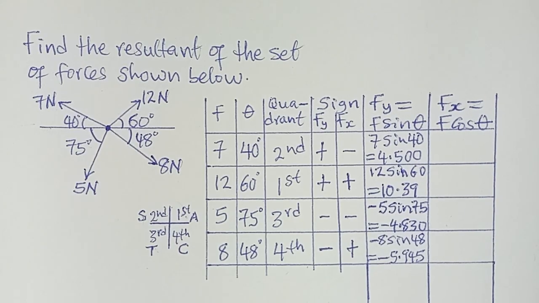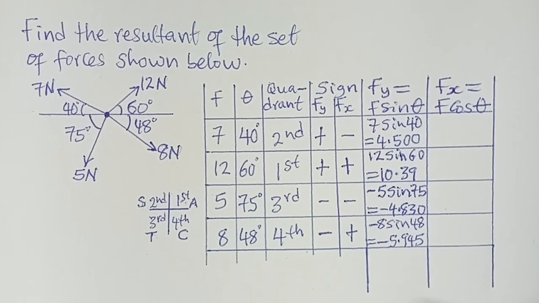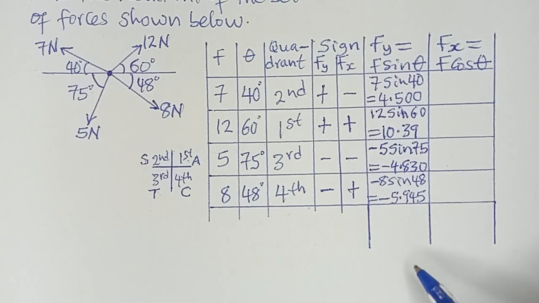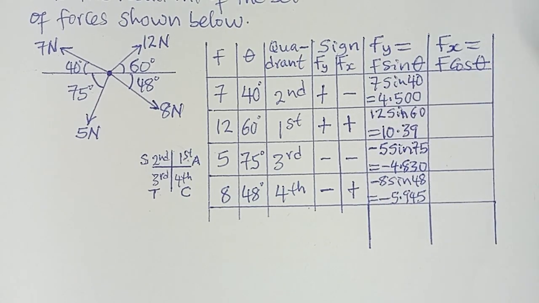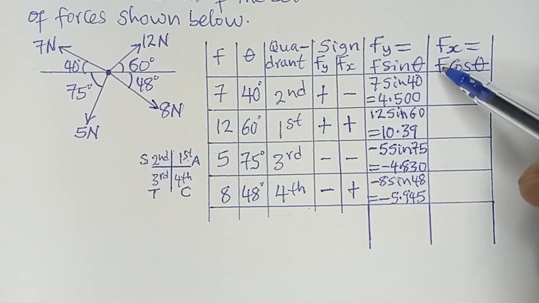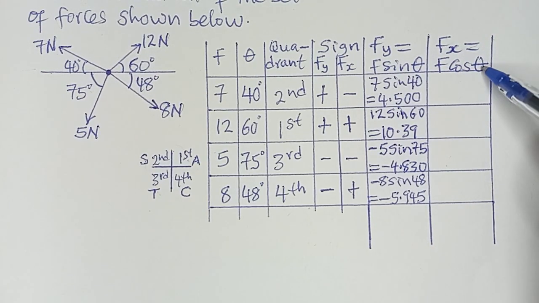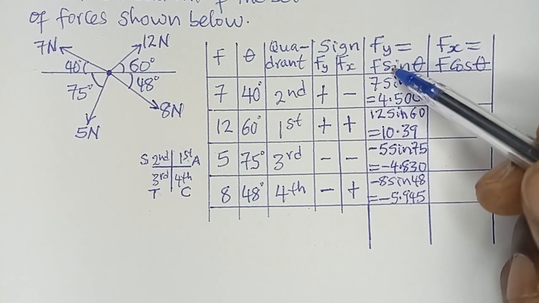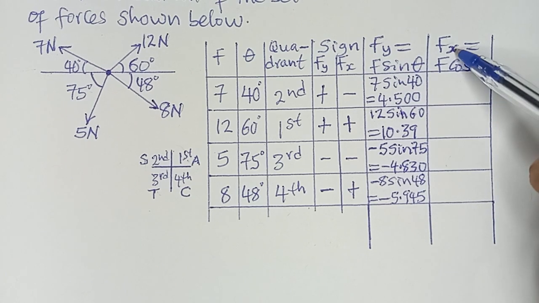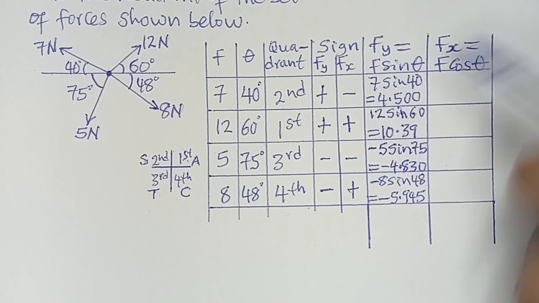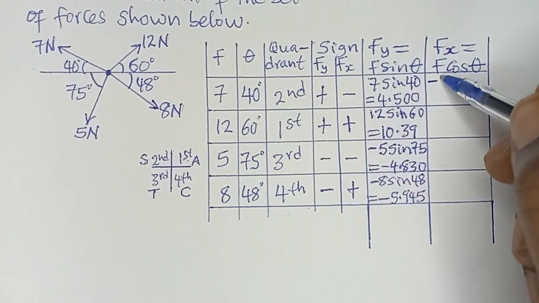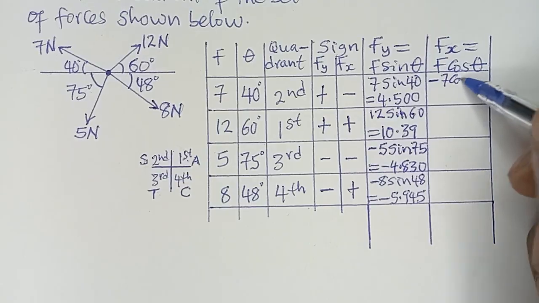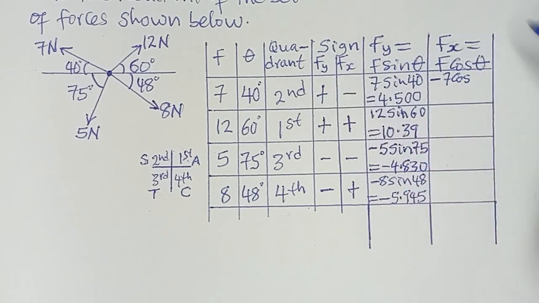Now, to handle this horizontal component, we are also going to apply these signs here. So the first sign is negative. Don't forget, horizontal component is the force multiplied by the cosine of the angle. While vertical component uses the sine of the angle, horizontal component uses the cosine of the angle. So I say minus 7, which is the force, multiplied by cos of the angle, which is 40.